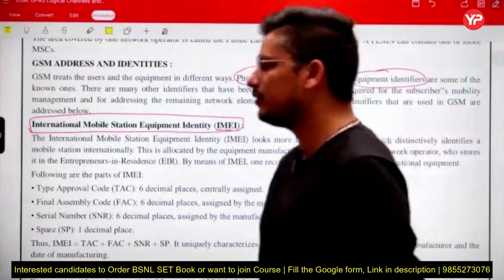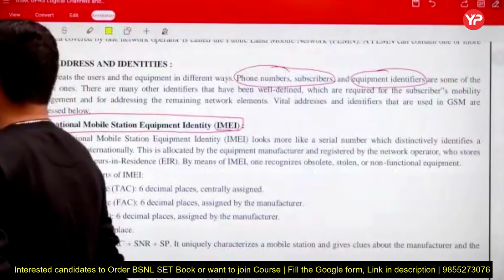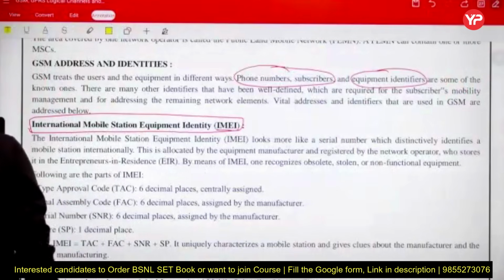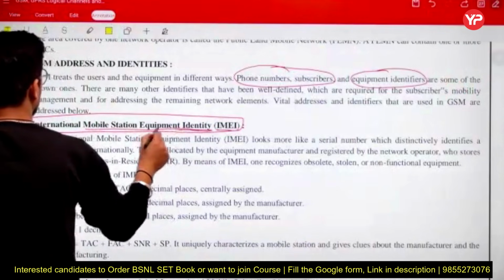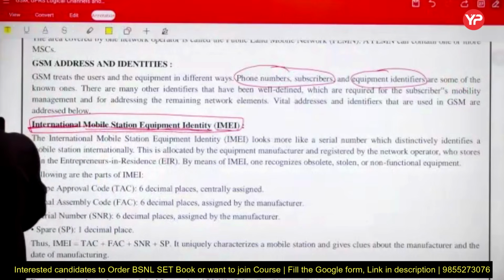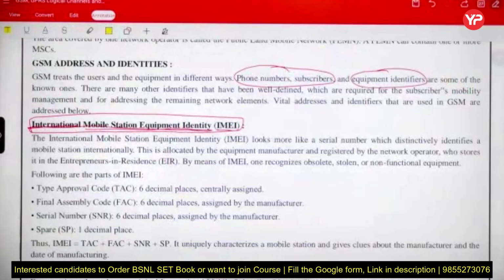Whenever you search in your settings, every phone has a separate International Mobile Station Equipment Identity, right? IMEI number. So this is a serial number.